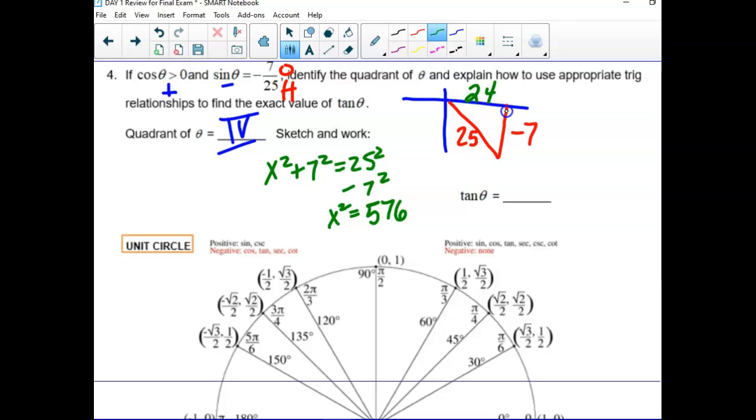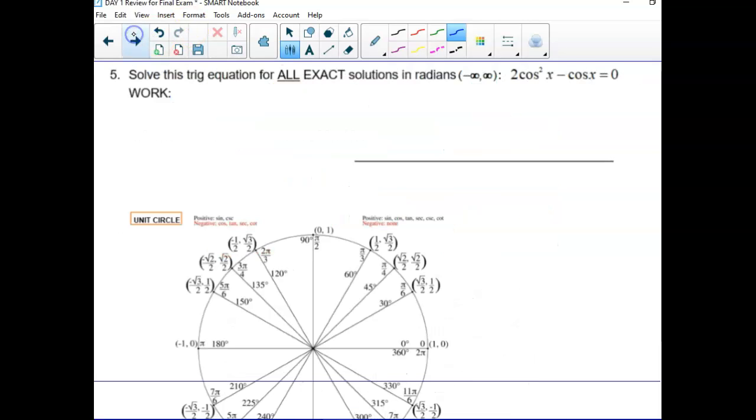Everybody okay? So then tangent is opposite over adjacent, which would be negative 7/24. Again, I highly suggest you just ignore the negatives when you're doing Pythagorean theorem. Otherwise, you need a bunch of extra parentheses, and some of you forget them, and it just messes you up.